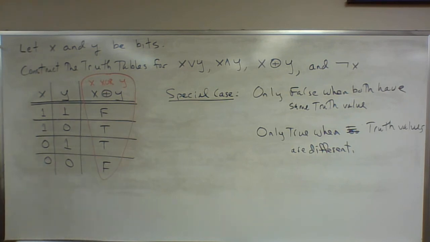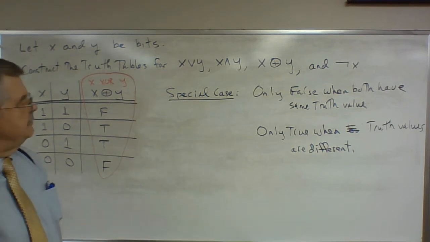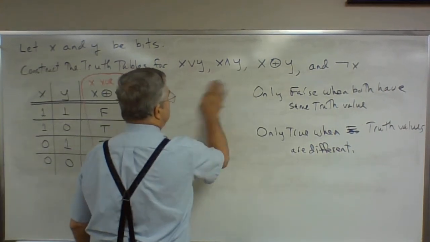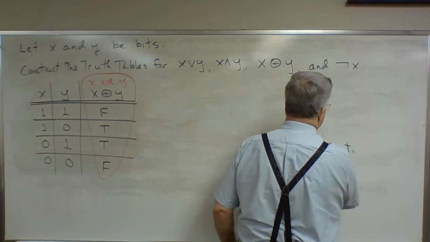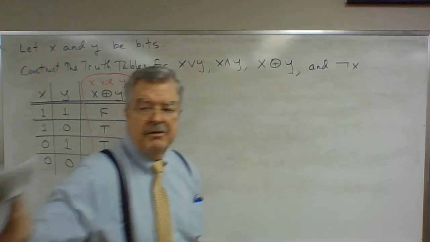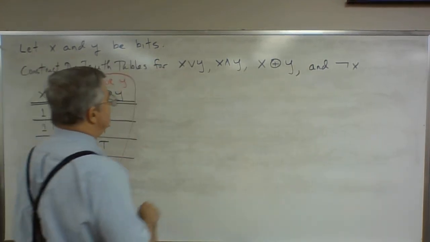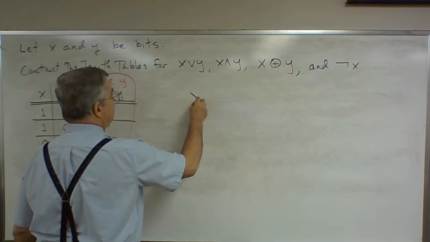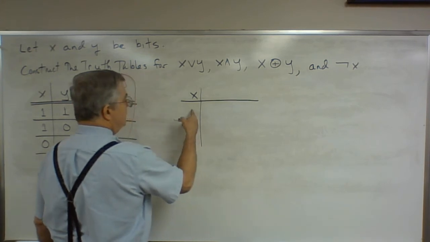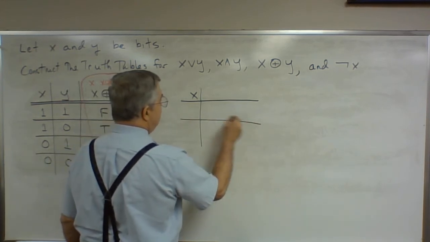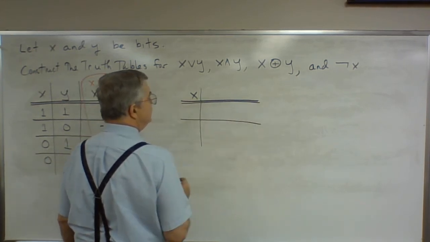And we have one more truth table to do, and this is pretty trivial. It's the negation truth table. So we only have one variable, x, and the variable x can have exactly one of two truth values.